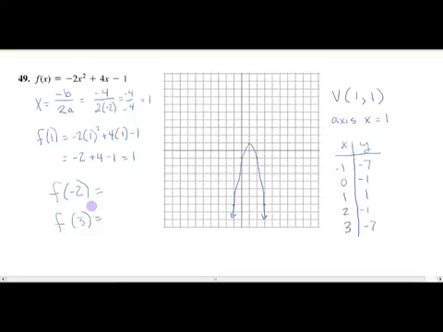So of course f of negative 2 we didn't put on our table, but we can go ahead and put it up in here. So a negative 2 squared is positive 4 times negative 2 is negative 8 plus a negative 8 is negative 16, then minus 1 is negative 17. And f of 3 was in our table, so we can just copy that down.